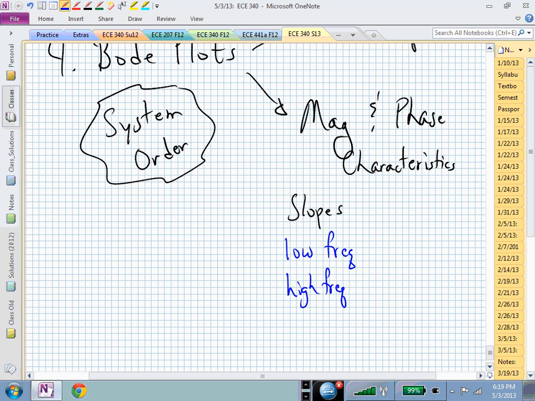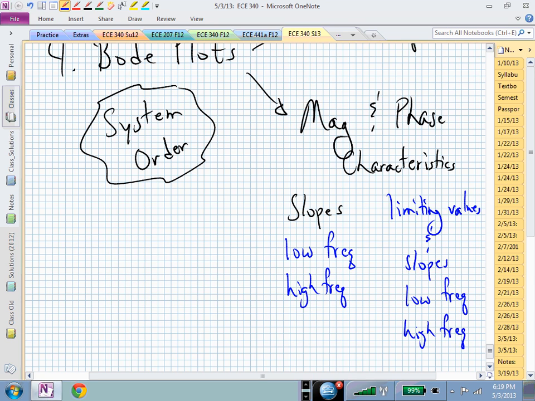You could also look at limiting values in terms of the phase and even slopes potentially at both extremes again, low frequencies and high frequencies.